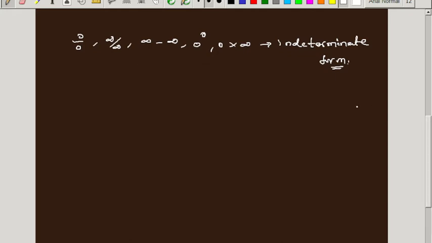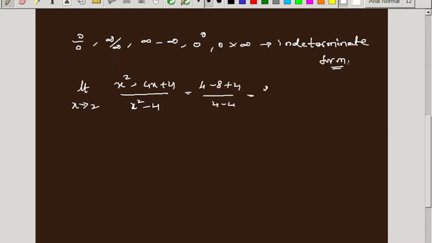So here we have discussed in the lower classes limit x tends to 2. If we apply here 4 minus 8 plus 4 divided by 4 minus 4, numerator and denominator we are getting 0. But we can do the modification of this one.